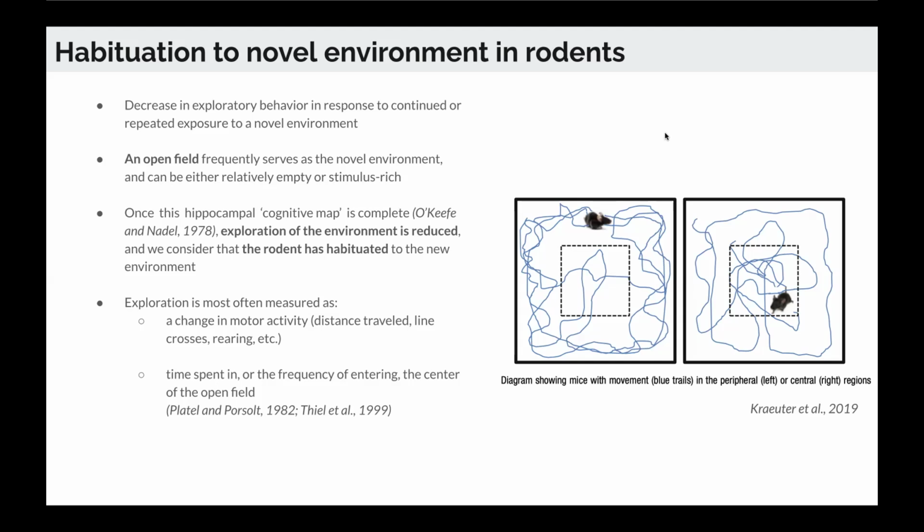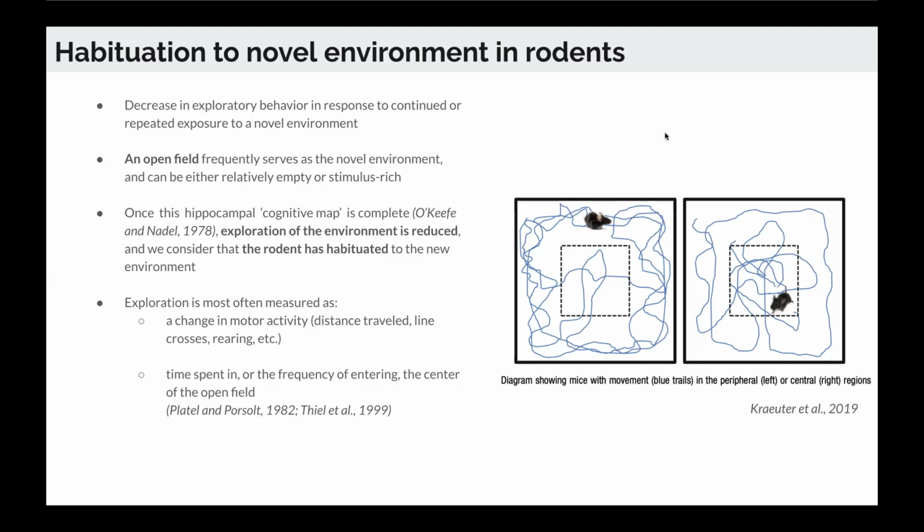But then when they become more familiar with the place, they cross the center, and here you can see how they're crossing the center, and all of that could be quantified. Then over time, when they learn the environment, their exploration level drops. So by that, we could say that the rodent is habituated, and basically it has built a cognitive map.